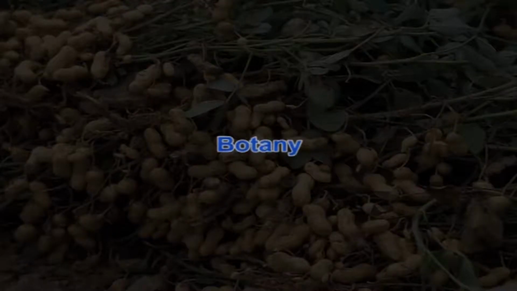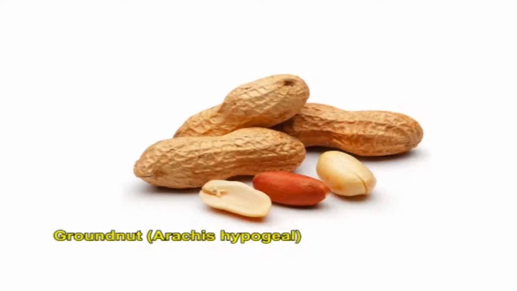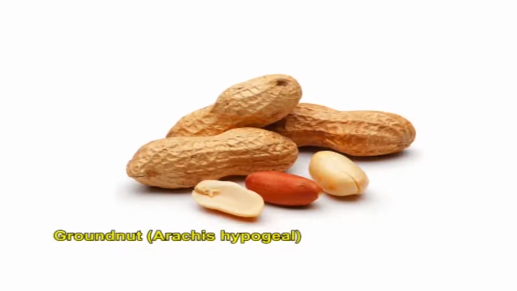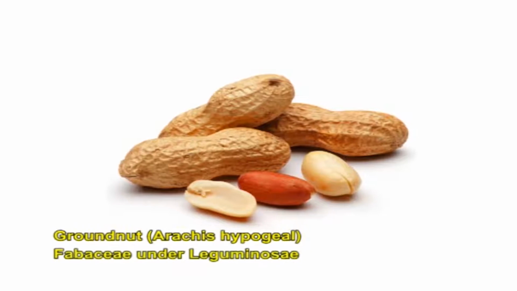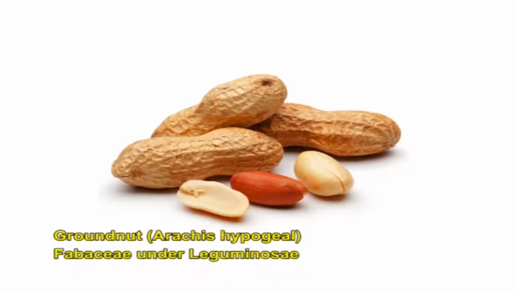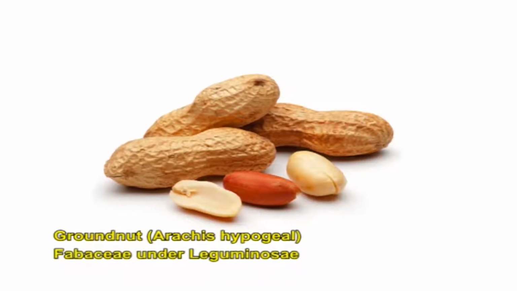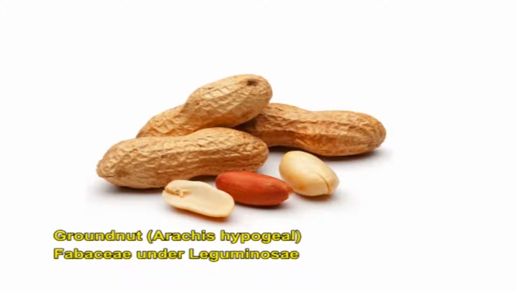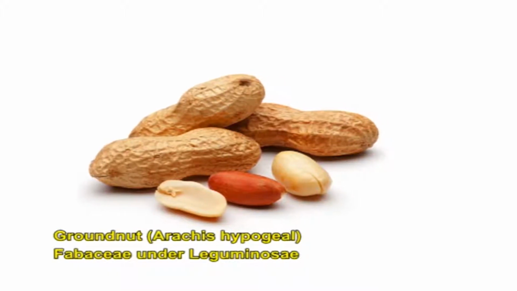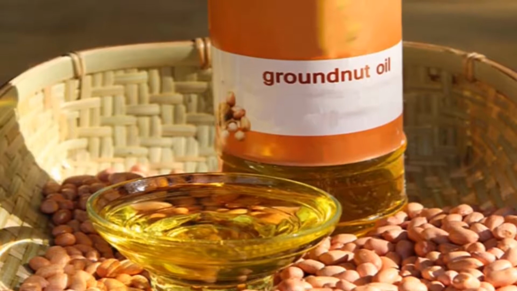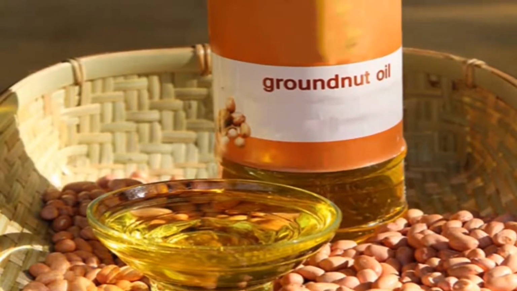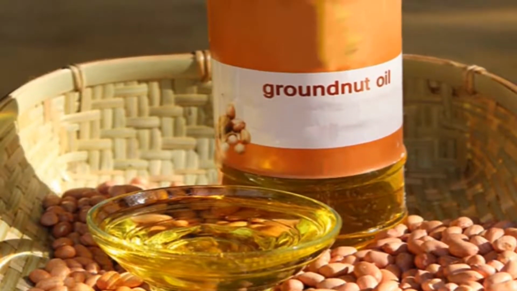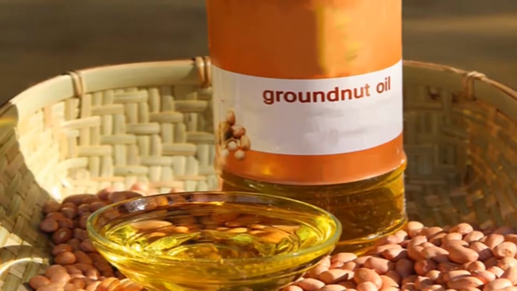storage. Botany. Groundnut, it is botanically called Arachis hypogaea, belongs to the family Fabaceae under Leguminosae. It was originated from Brazil and was introduced in India by about the 16th century. Economically, it is an oilseed crop and the oil extracted from kernel is edible and extensively used for industrial purpose.